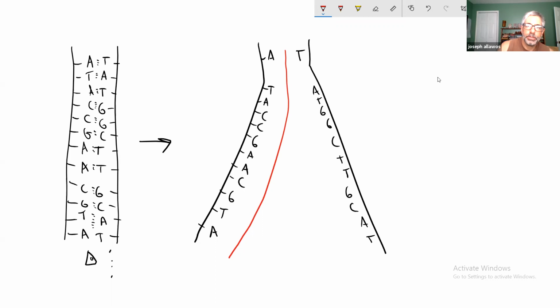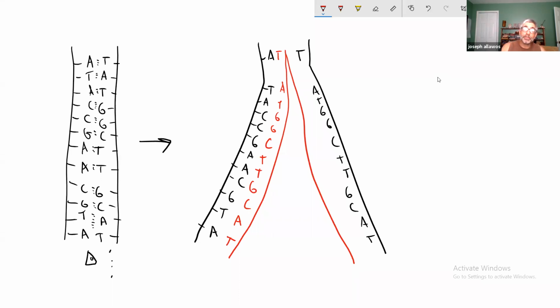And a complementary strand will slip in on this side, like this. And what they'll do is they'll use either side as a template to make the other side. So if there's an A there, it's going to be a T. And if there's a T, it's going to be an A, and a C and a G and a T and a T and a C and a G and a G and a T and an A and a T. Okay, so there's the one side.